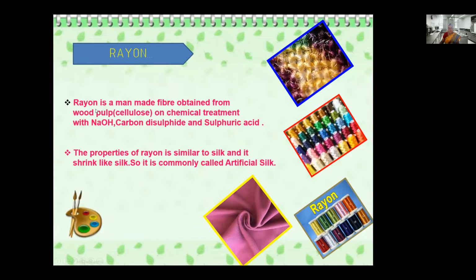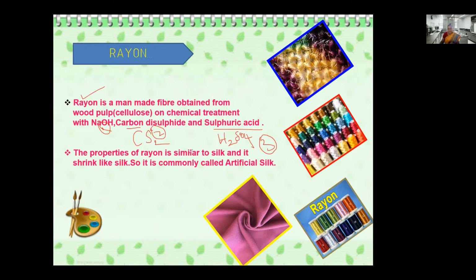We already know the plant cell wall is made up of cellulose. It is obtained on chemical treatment with NaOH, carbon disulfide, and sulfuric acid. NaOH is sodium hydroxide, carbon disulfide is CS2, and sulfuric acid is H2SO4. With the treatment of these 3 substances, we get rayon from the wood pulp.